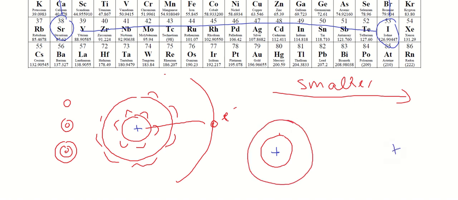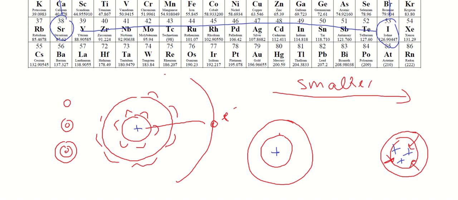As you progress to the right, the nuclear charge increases. And because there's more charge in the nucleus attracting the same energy level of electrons, it's going to pull them in closer to the nucleus, which is why atoms get smaller.